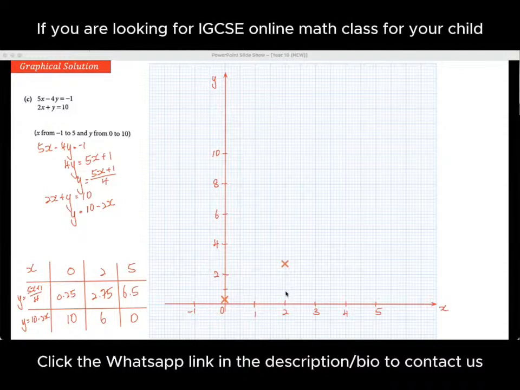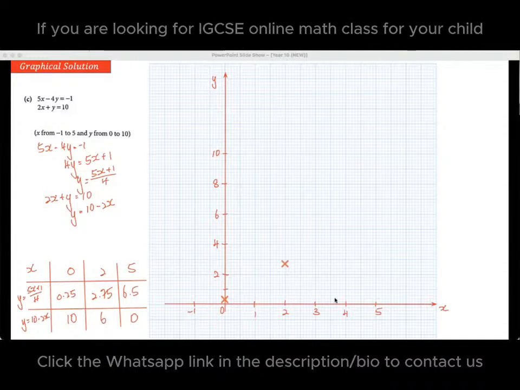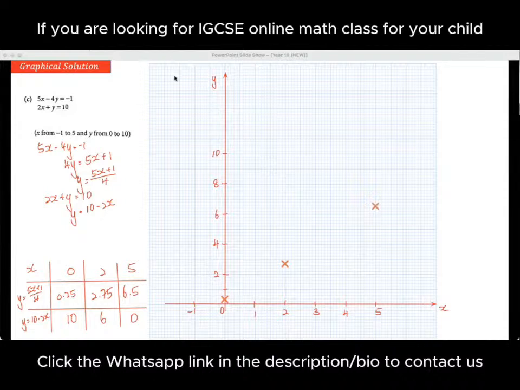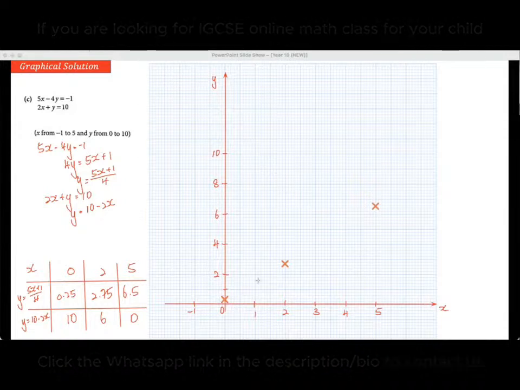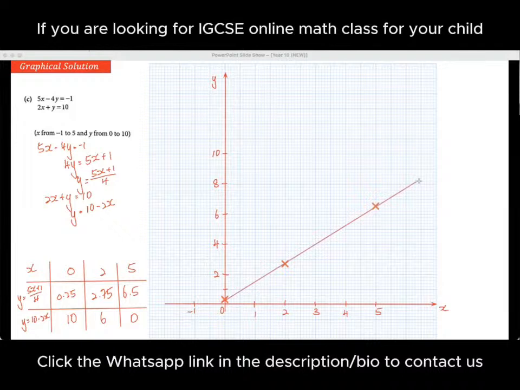When x equals 5, y equals 6.5. 6 is here, 6.5 is here. And then I draw a straight line. Then I label it.